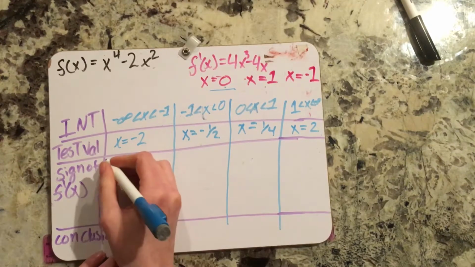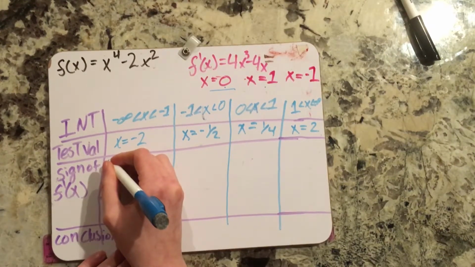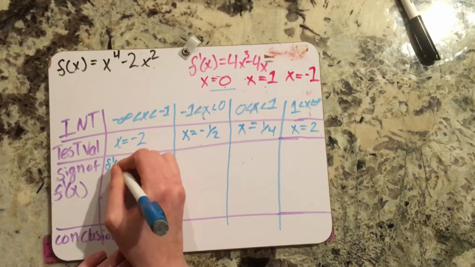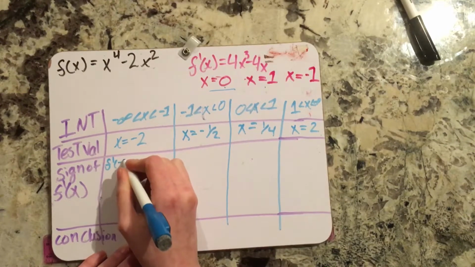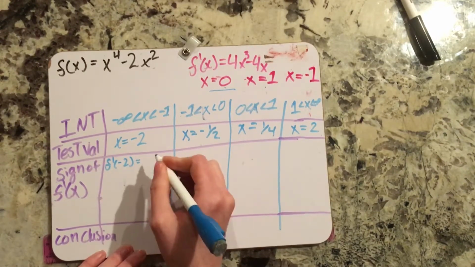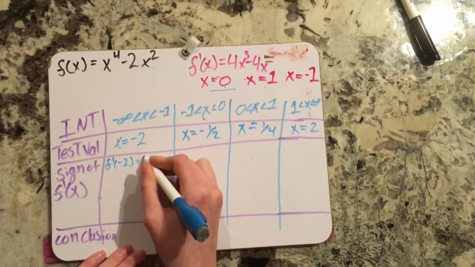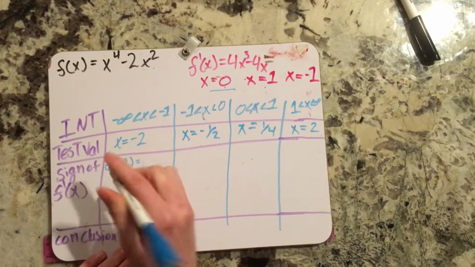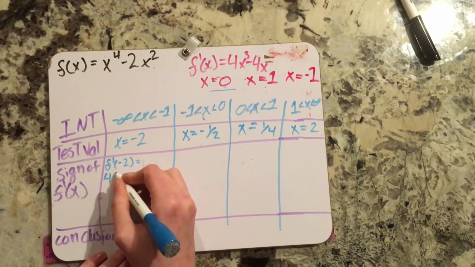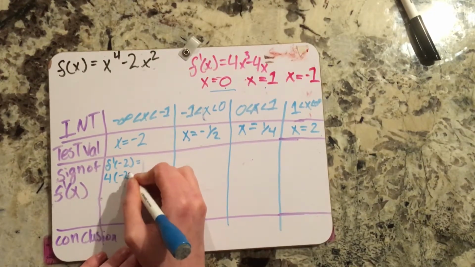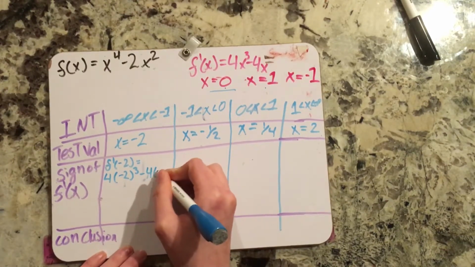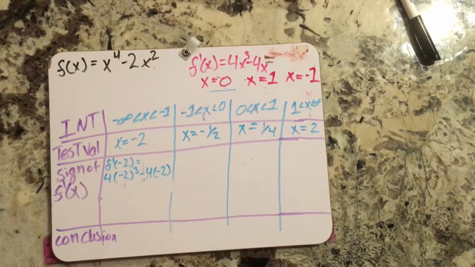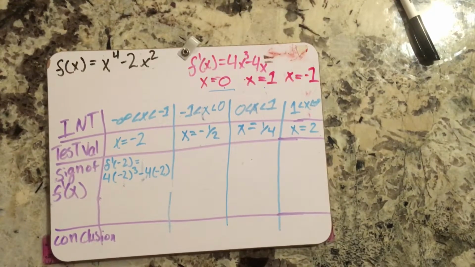Okay. So next we're going to do f prime of our test value, which is negative 2. So this will be equal to 4 times negative 2 to the third power minus 4 times negative 2. Let's write this on the next line so I can fit all of it in. I'm just going to solve this on my calculator really quickly.